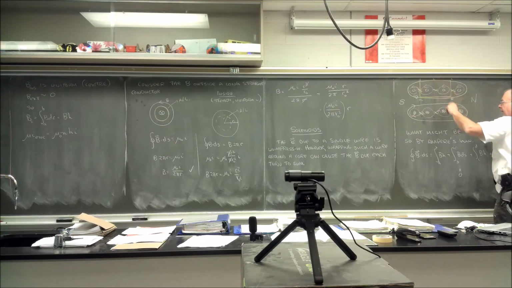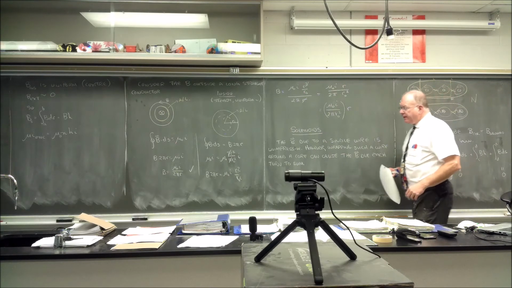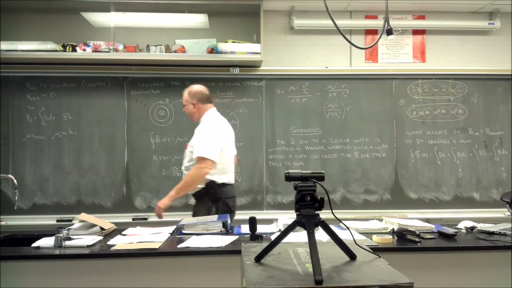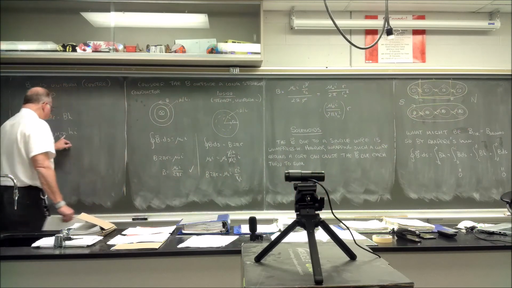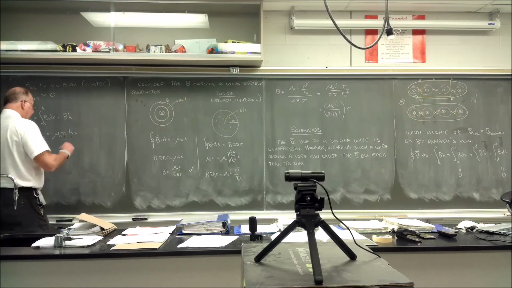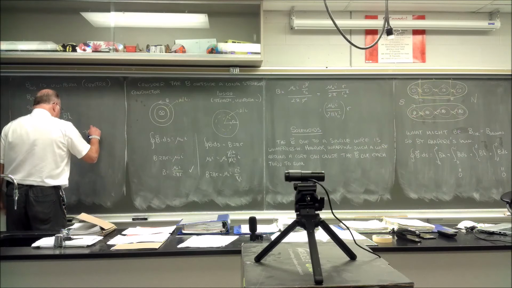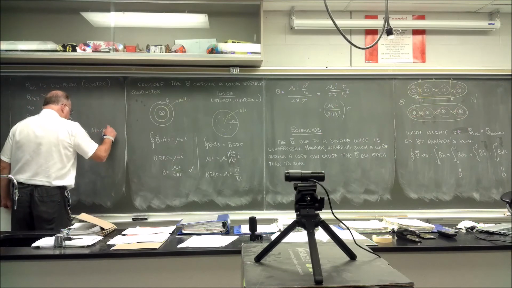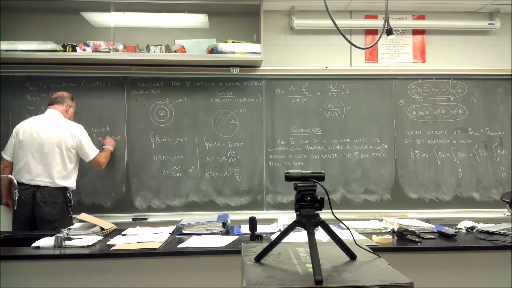And so what we have then is n, which is the number of turns per meter, times the number of meters. And you combine these two, you get big N. So big N equals n h. This is the number of turns in length h.